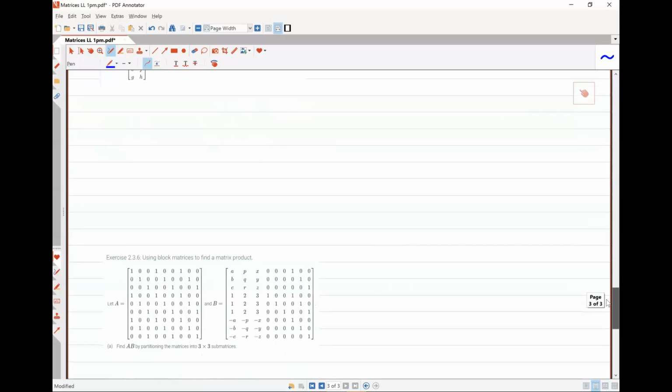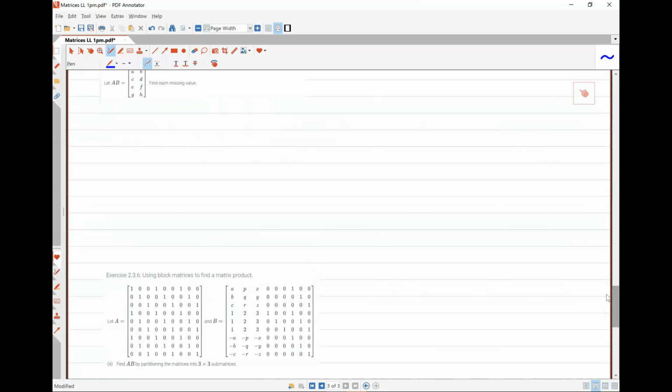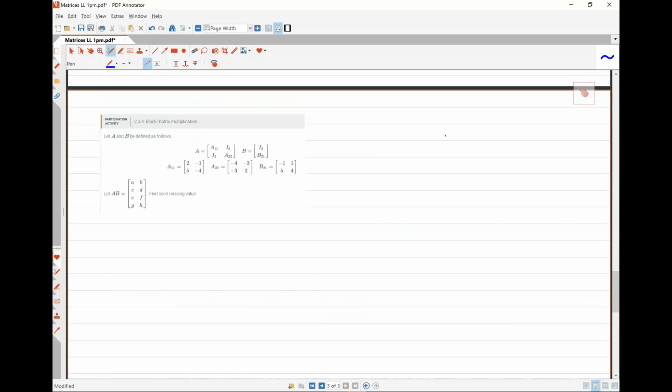And the other thing I wanted to do was go through an exercise from the additional exercises in the text. I think this is also a fun one to do. So, oh, no, it's not. I'm sorry. Okay, so let's go through this one then.